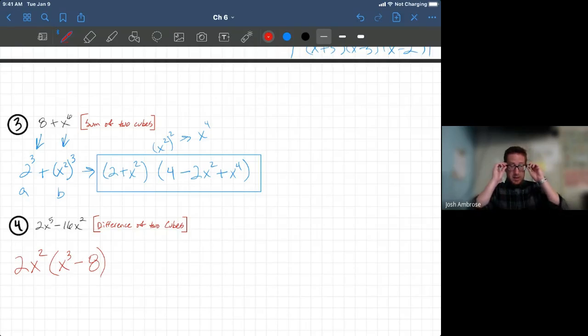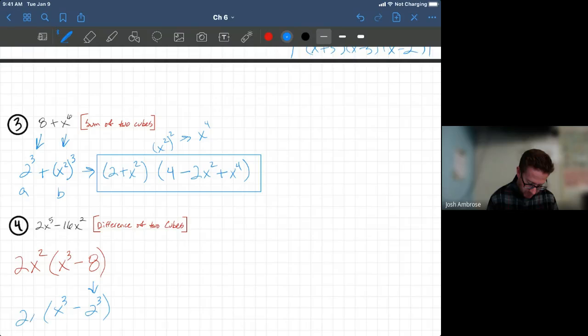All right, now in the problem right up above it, we know that 8 can convert to just 2 cubed. Now, x to the power of 3, that's already given. That's already a cube. So that's quite nice. x to the power of 3. We're good with that. And then don't forget to keep the 2x squared in front, because that's not disappearing. It's just going to kind of hold a place right there.